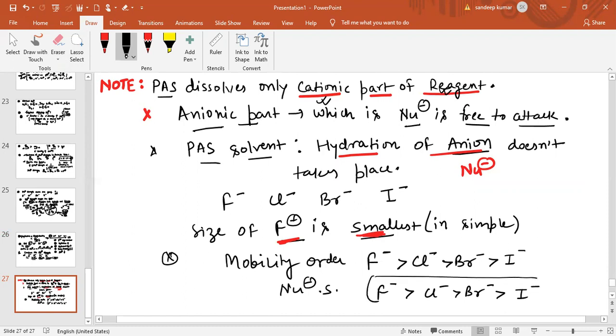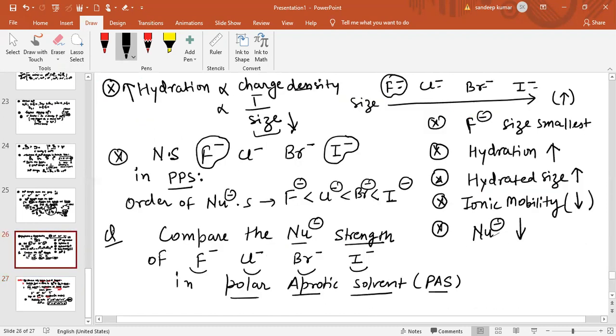This is the order of nucleophilic strength in polar aprotic solvent. Remember this, and in polar protic solvent, the order is the reverse. This is all about the solvent and nucleophilic part. We will discuss some more terms about the leaving group for discussion of nucleophilic substitution in the next lecture.